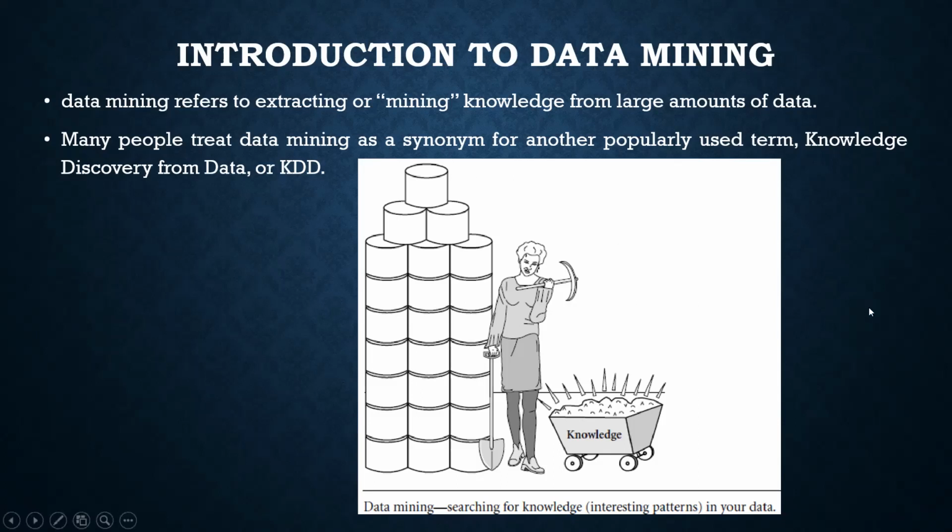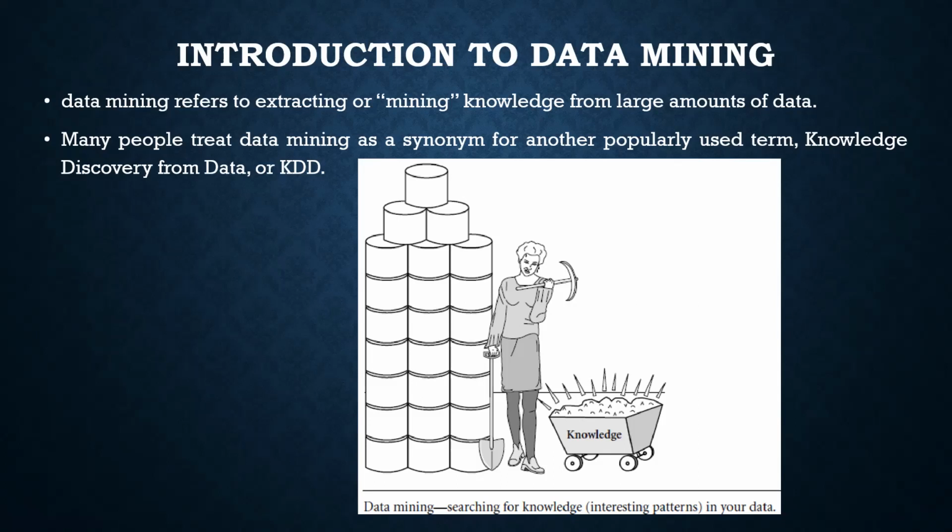Just remember this point: data is different from knowledge. So in data mining, when I try to extract the information, I'm not going to extract the data, but I'm going to extract the knowledge. So how to extract the knowledge?